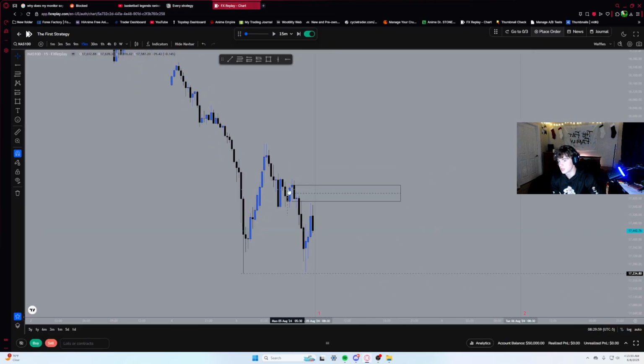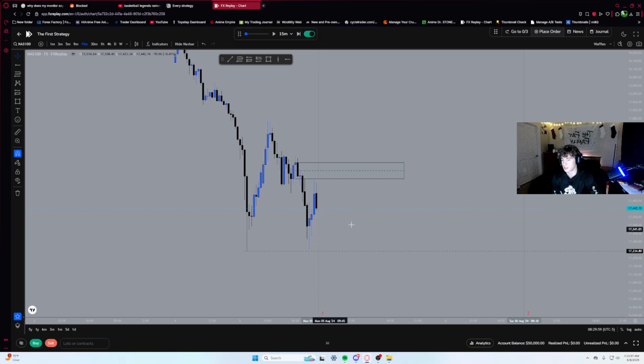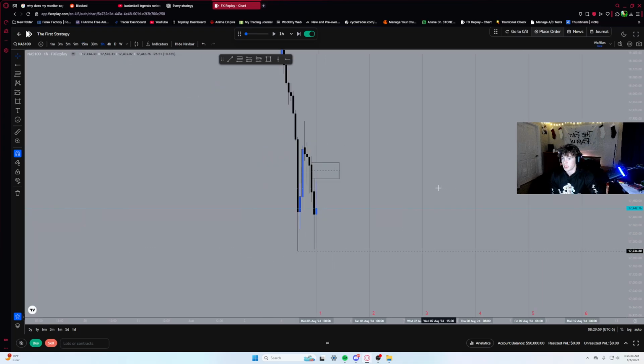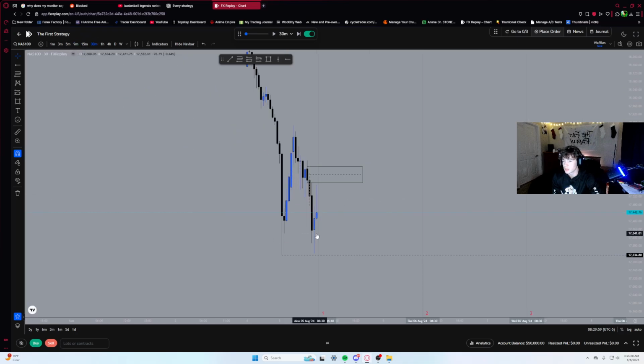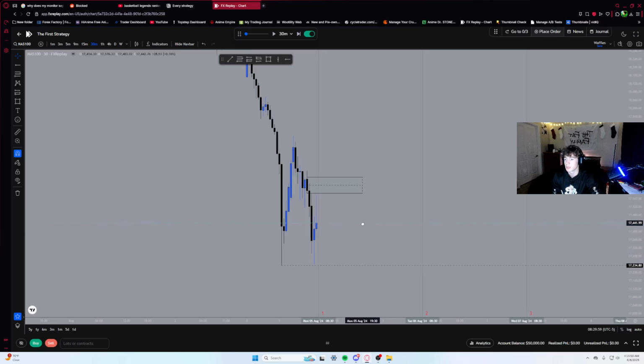Here we go. High time frame confluence failed to break create a new low. Basically, there's nothing down here for us to chase. I'm going to be honest, I feel like this is what we want to hit, though.